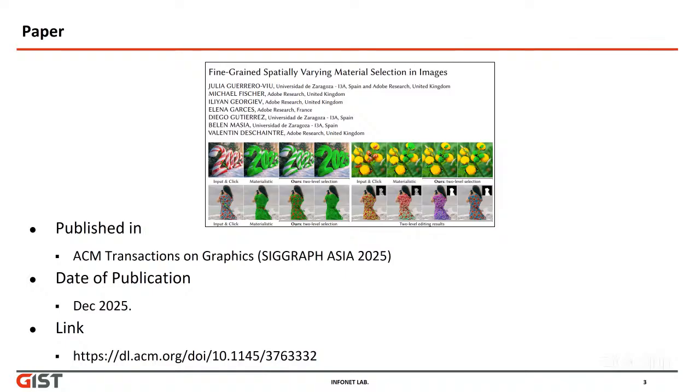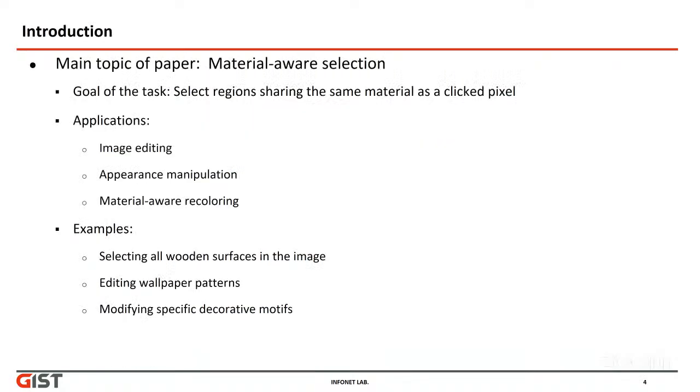The paper is published in ACM Transactions on Graphics, SIGGRAPH Asia 2025, and it's published in December 2025. So the main topic of the paper is material-aware selection.